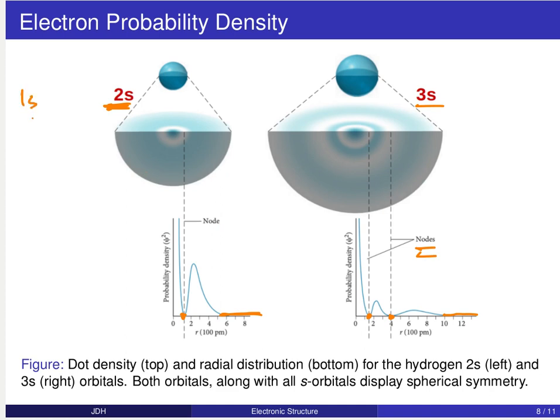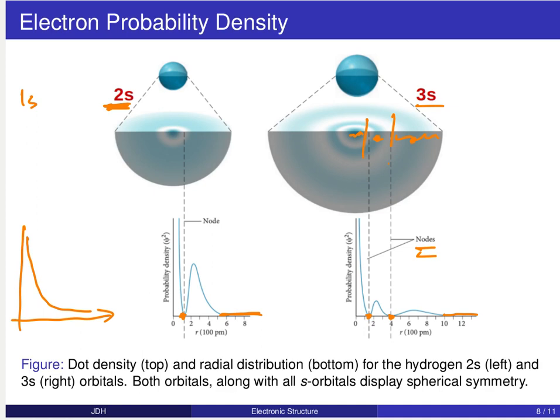We saw that for a 1s orbital there were effectively no nodes. You just saw something that looks like this. But when we increase that principal quantum number by 1, we now see 1 node, and then 2 nodes when we increase it one more time. So what I'm saying here is that you could find the electron in this region, and this region, but never right here where these dashed lines are, okay?